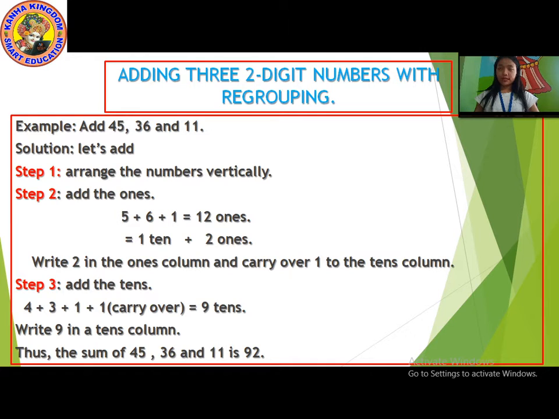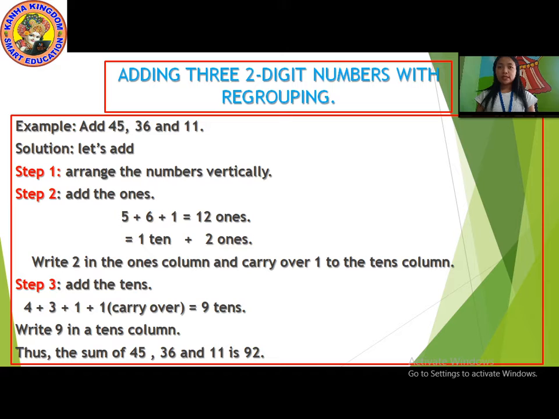Okay, now see, while adding 5 with 6 we will get 11, right? And while adding 1 with 11 we get 12 ones, because we are adding ones, so we should write ones. In the last class I already told you that in a two-digit number, one digit is in the ones place and the second is in the tens place.